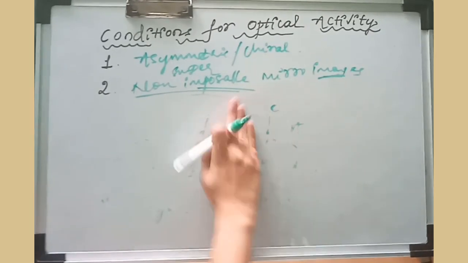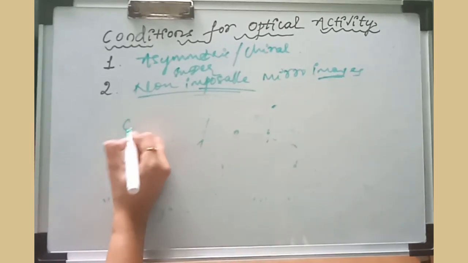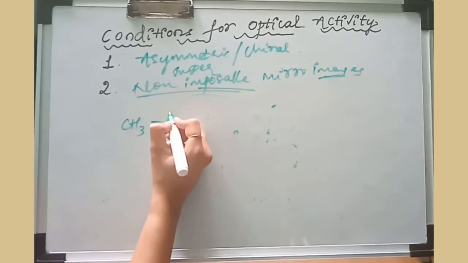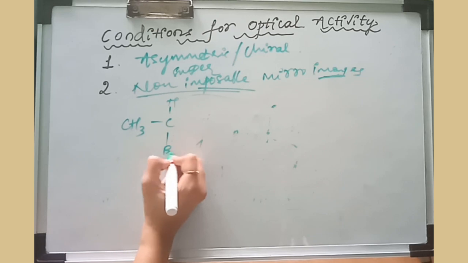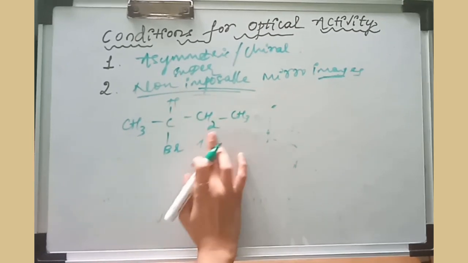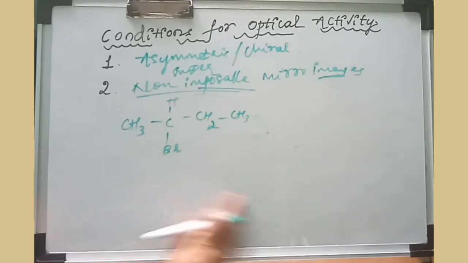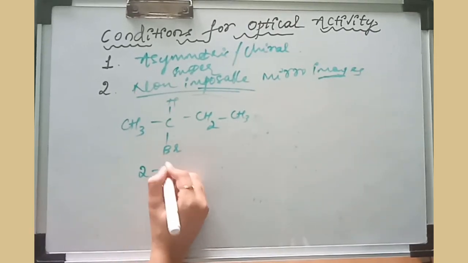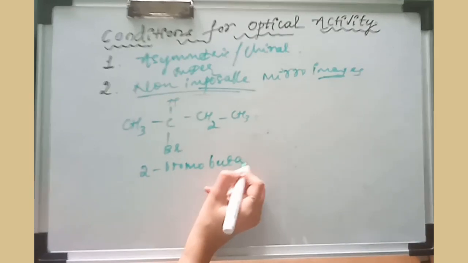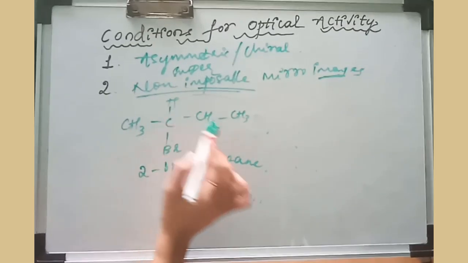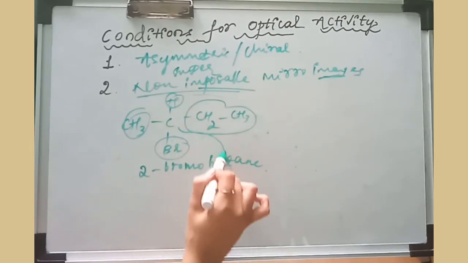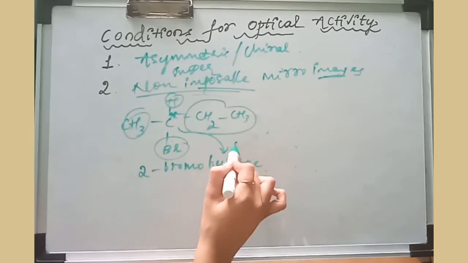If I consider the example here, with one stereogenic center, CH3, CHBr, CH2, CH3, this molecule is called 2-bromobutane. This 2-bromobutane is attached with 4 different groups, so it is a chiral carbon.